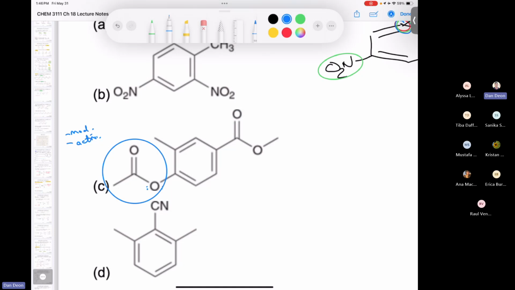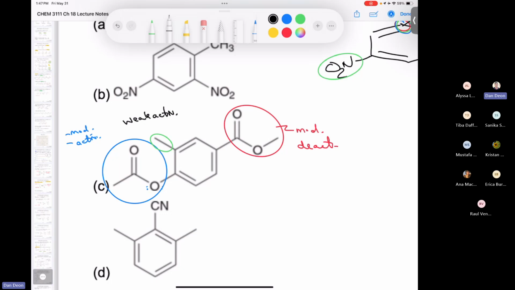Whereas this group over here is going to be a moderate deactivator. And then we have the methyl group, which is a weak activator.